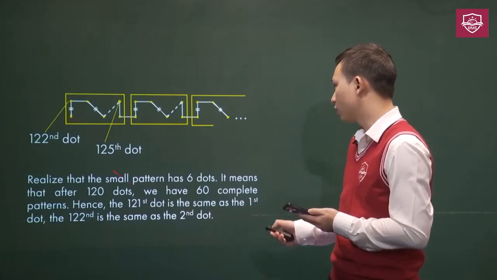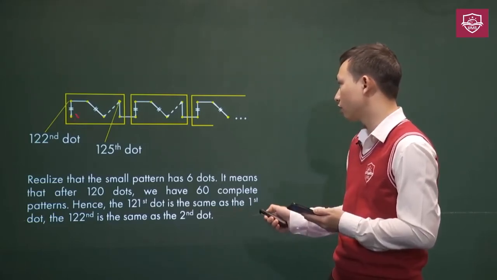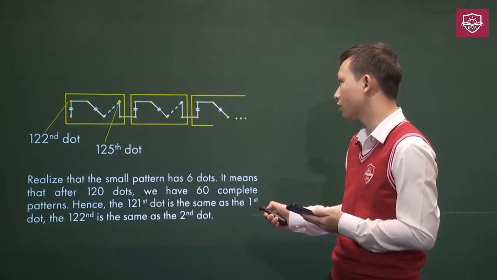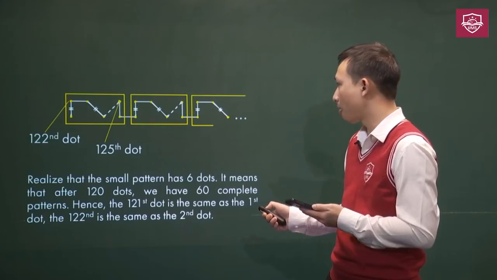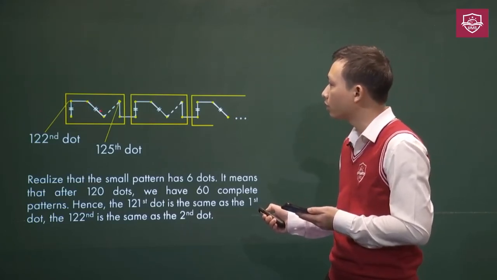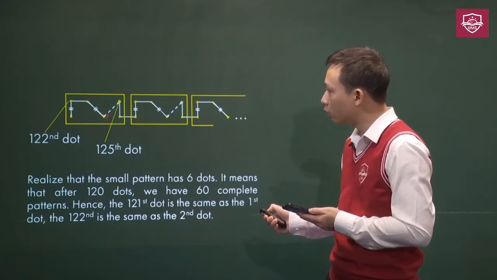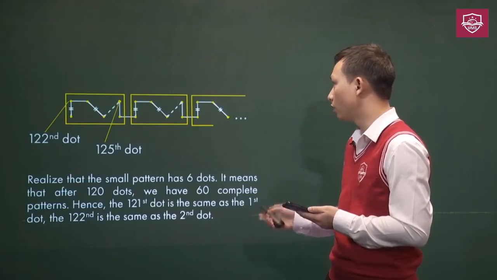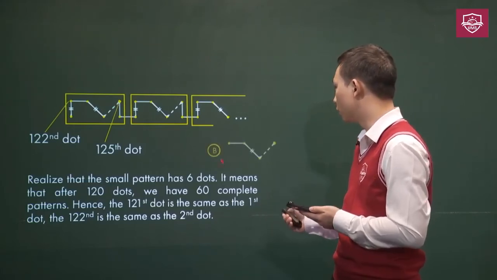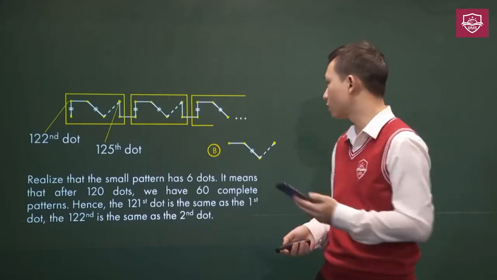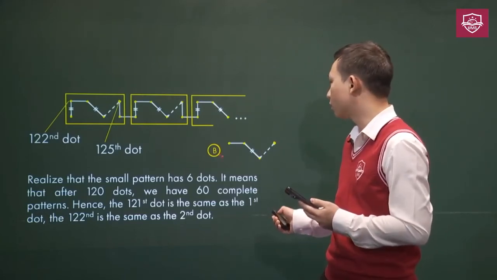Because it is the same as the first dot, the 122nd dot is this dot. And let's count: 122nd, 123, 124, 125. This is the 125th dot. So the correct pattern must be here, B. Well done here. Congratulations to those who got the answer B.